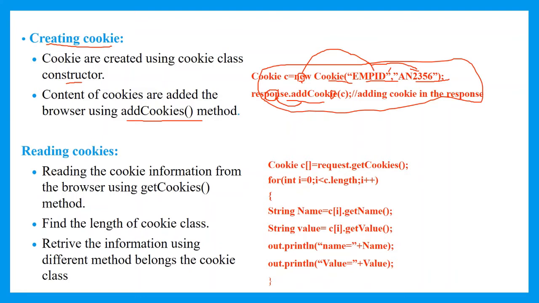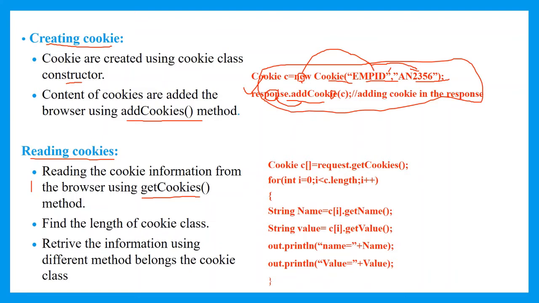Now once the cookie has been created, I want to read the information about the cookie. To read the information about the cookie from the browser, we go for reading the cookie information. The first step is reading the cookie information from the browser, which can be done by making use of the getCookies method. The getCookies is a method which is used to read the information from the browser.